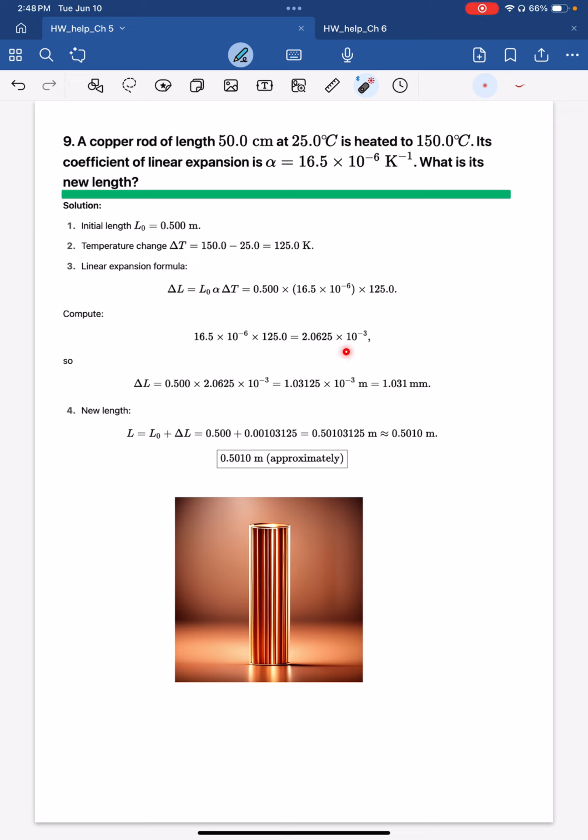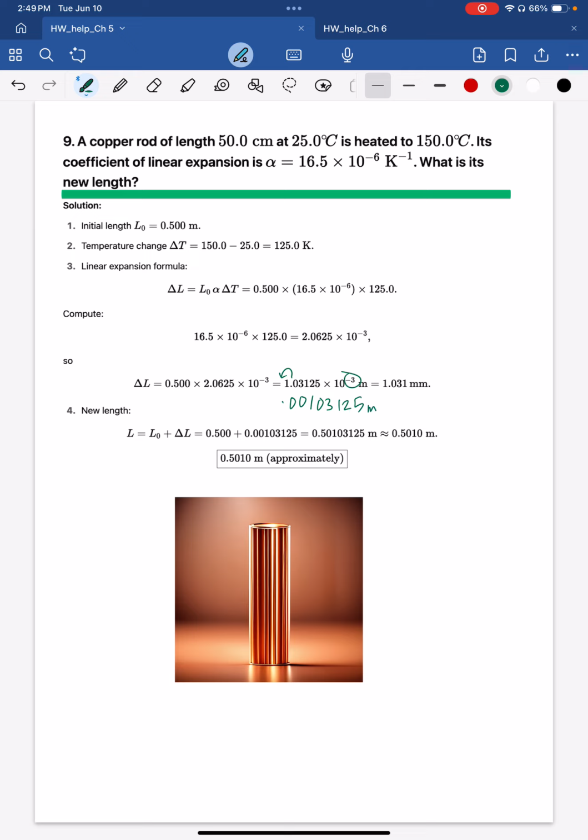Once you get that number, you have it in meters here, and you don't have to change it into millimeter. It is 0.00103125 because you move this decimal 3 places to the left. So when you do that, you get that in meter.